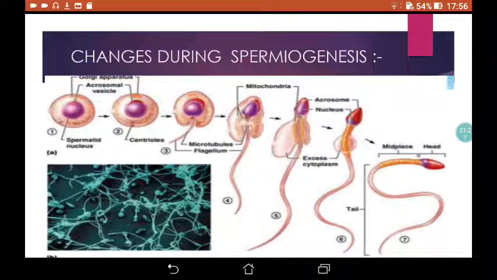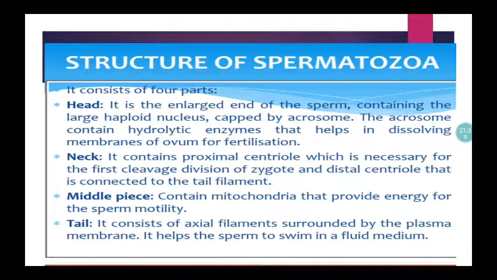So these are the different changes. You can find how the amount of cytoplasm has been reduced and the spherical spermatid got converted into the long elongated sperm.